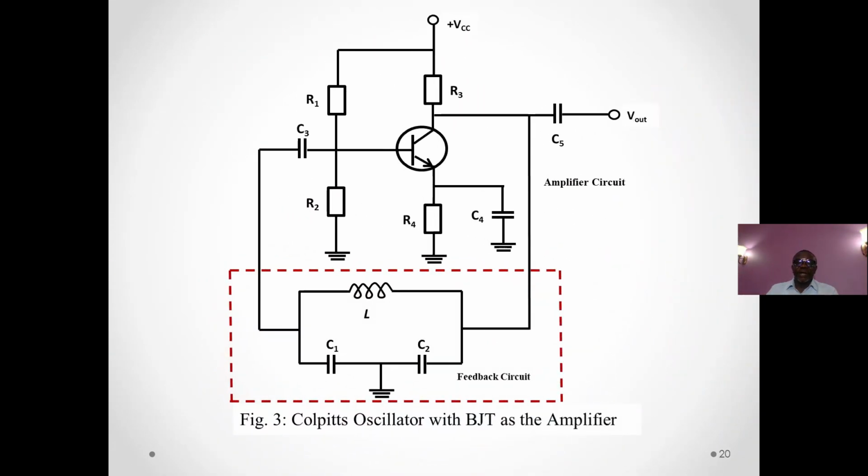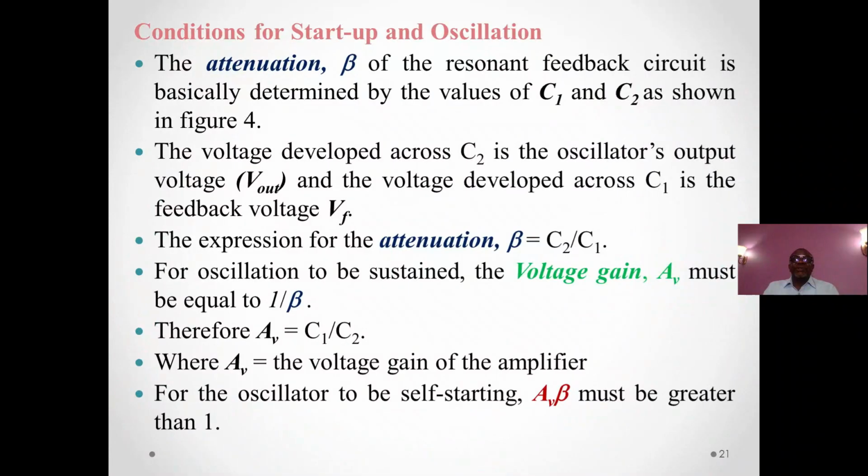You can see that it is the voltage going to the output that comes to C2, while the one going out from C1 is the one that is fed back to the transistor, which is the amplifier. So the expression for the attenuation is given as beta equals C2 over C1, which is the V out over VF.